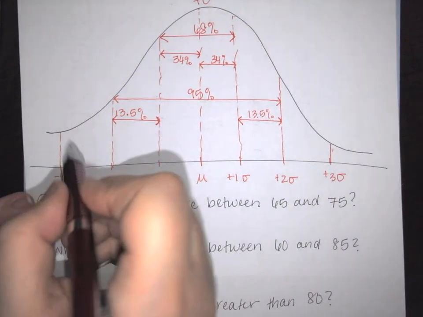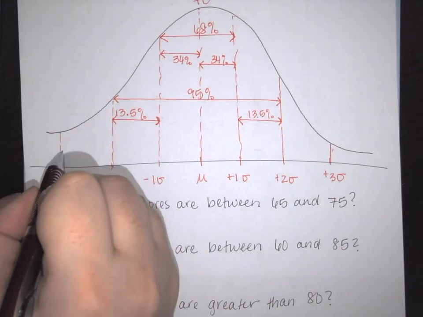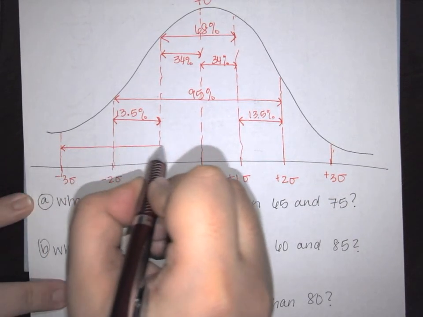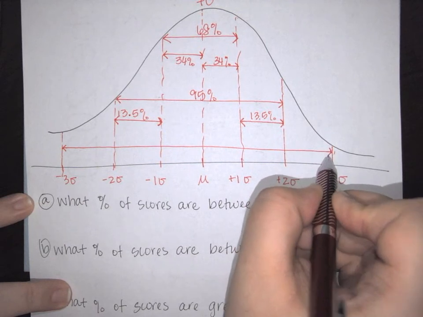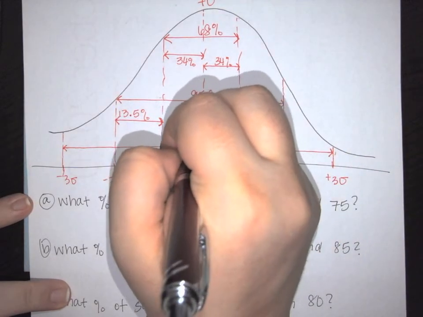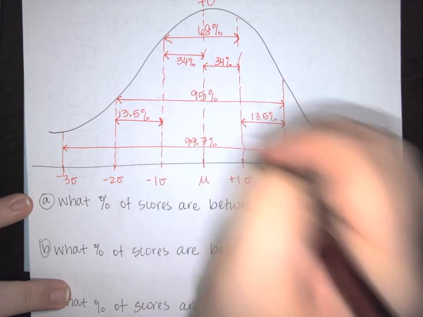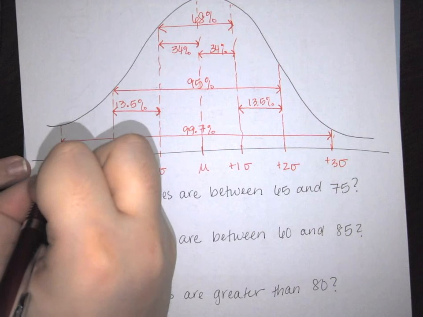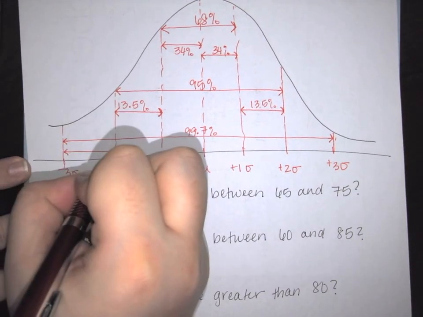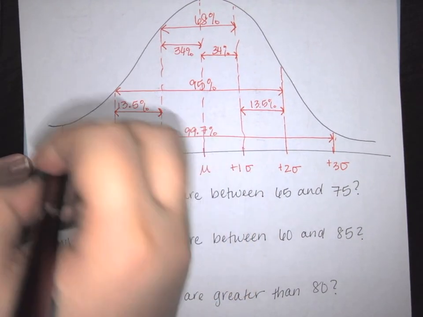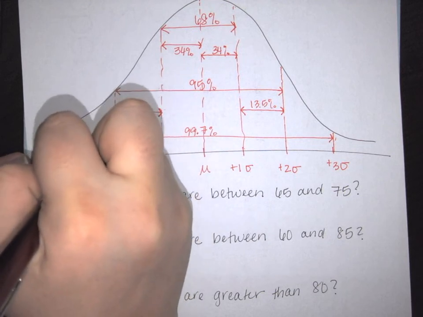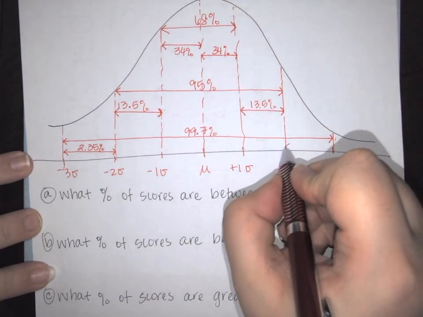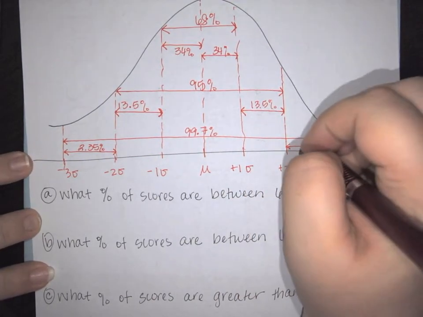Now the last thing we have is my third standard, so we would go from here all the way over to my third here, and this represents 99.7% of the grade. Between my third and second standards, so from here to here, is going to be represented by 2.35%, and it's the same on the other side.